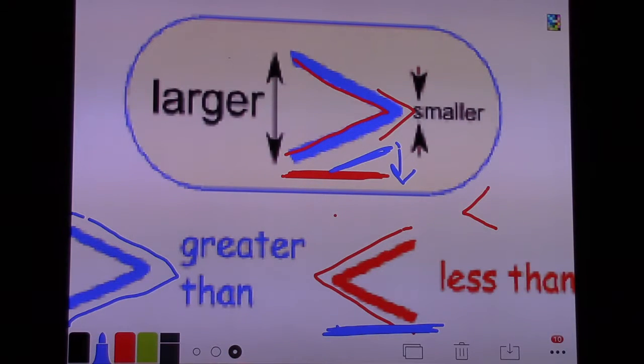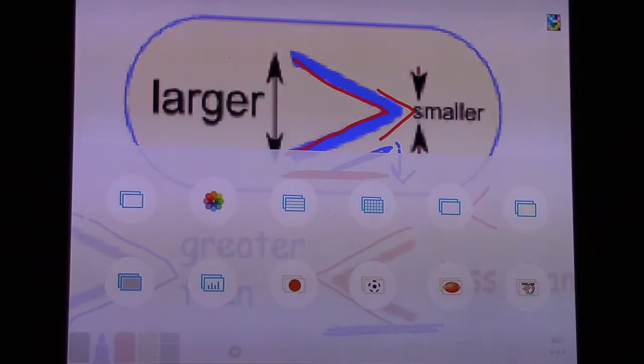So let's take a look at how we would graph some of these inequalities on a number line.